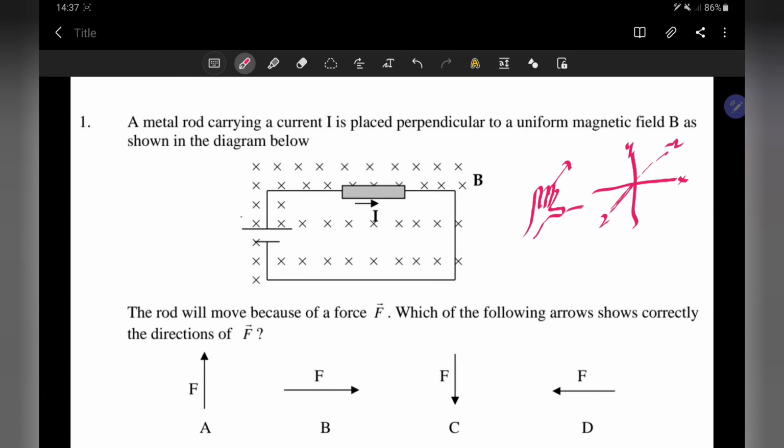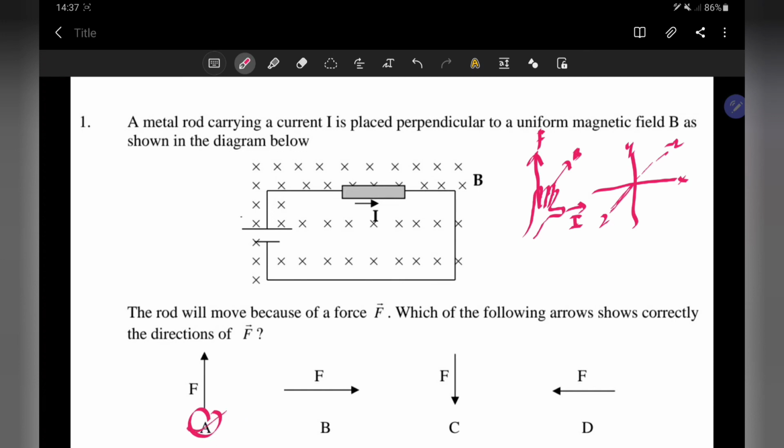And our I is directed to the right, which is positive x. This is negative z direction because B is directed into the page. Based on that, by using our FBI, this is our F. So F is now parallel to the y-axis, which is positive. So the answer should be upwards. So the answer should be A.